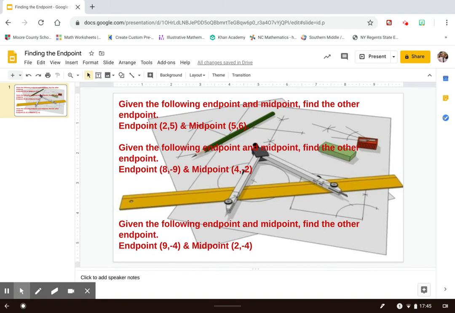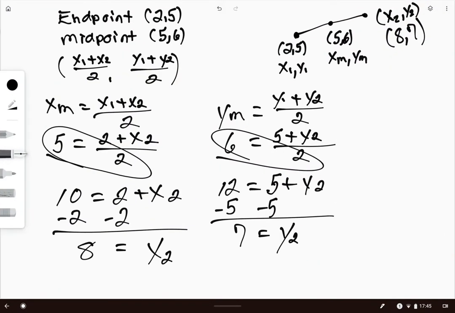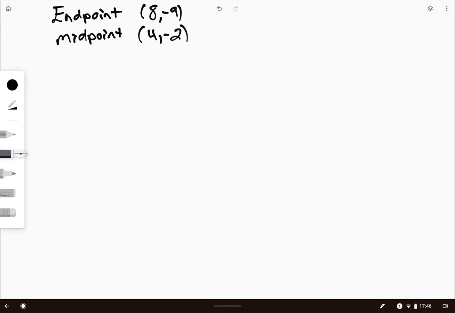All right, so let's look at the next one. It says, given the following endpoint and midpoint, find the other endpoint. So I have an endpoint of 8, negative 9, and a midpoint of 4, negative 2. All right, so same thing. Let's just note here that the endpoint that I have is 8, negative 9, and then the midpoint is 4, negative 2.